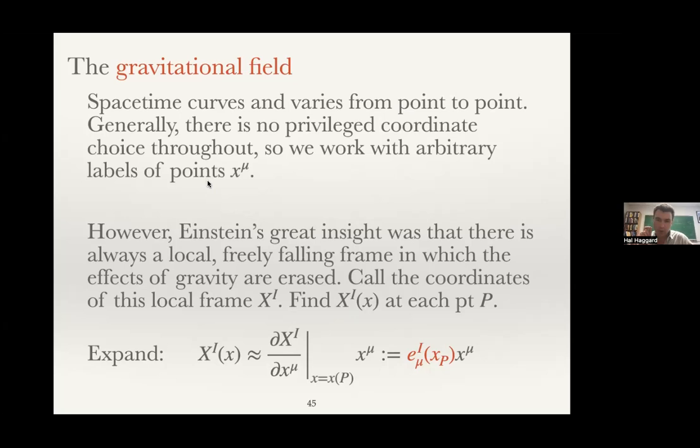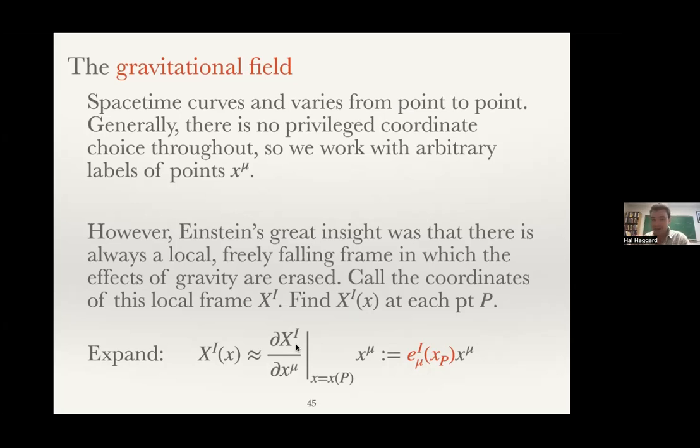If we call the point P where we're doing that Taylor expansion our origin, then the first non-vanishing term in that Taylor expansion will be the Jacobian that goes from the inertial coordinates to the general coordinates. And this matrix, this Jacobian, is what we want to call the gravitational field. That's very sensible, and very interesting. It's saying that the gravitational field is the thing that takes you to the locally inertial system.